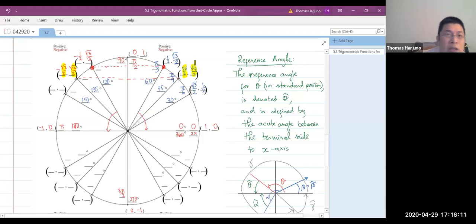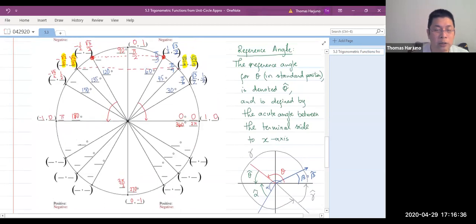Now, using the same idea for 150 degrees, the coordinate here will be negative radical 3 over 2, comma 1/2. Okay, I go on further.